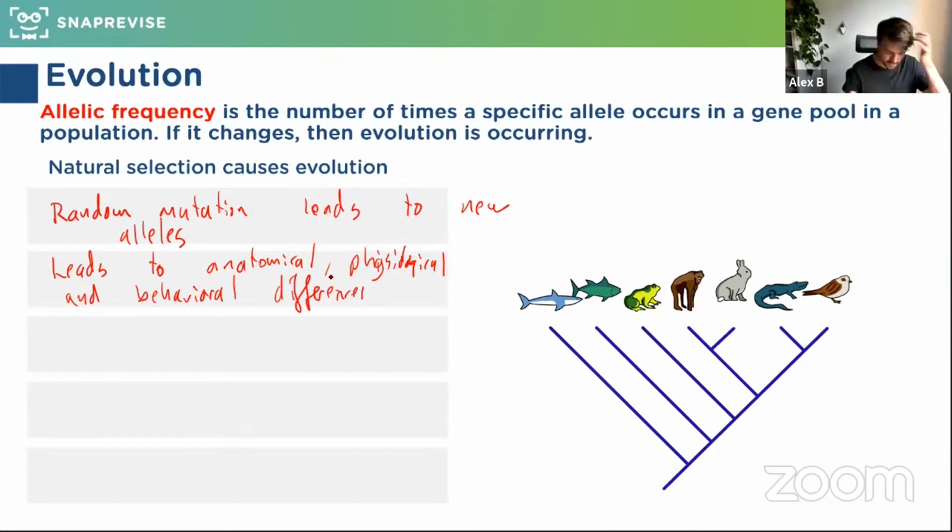So anatomical is like different structures. Physiological is like the biochemical processes in the cells, and behavioral is obviously, well, how else would you define it? I can't define it without using the word behavior. A change in behavior, basically.